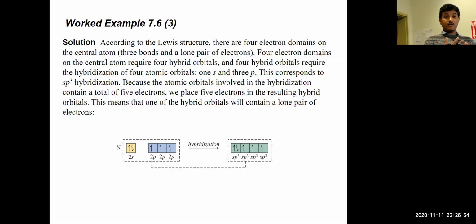It might be a little bit new, but whenever you already have a filled lone pair and you're not going to use it, you are still required to create hybrid orbitals that include the lone pair.